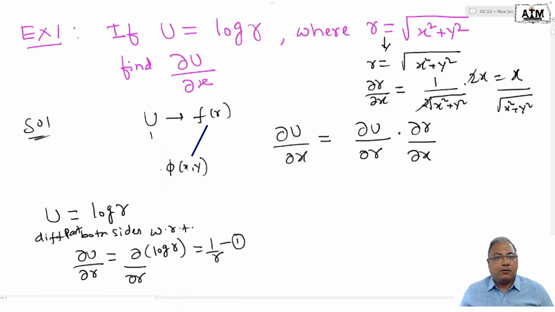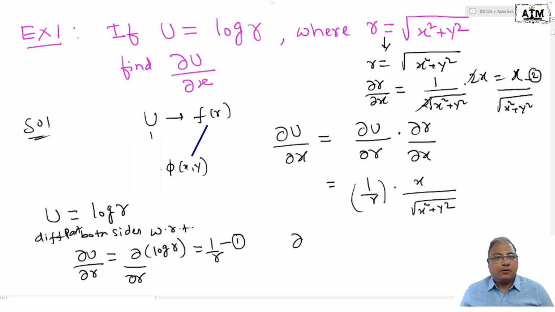Come back here. I am having the partial derivative of u with respect to x. I got this one and this is the second, so I need to multiply both results. Del u by del r equals 1 upon r multiplied by del r by del x, that is x divided by under root of x square plus y square.